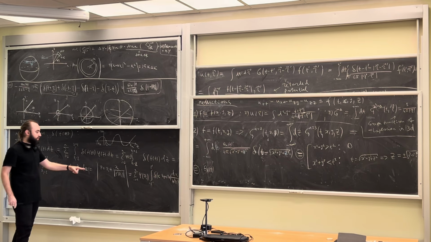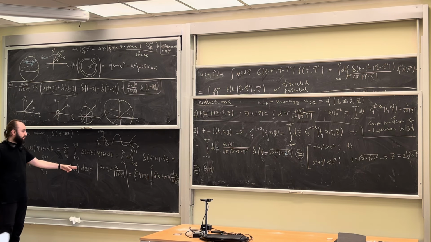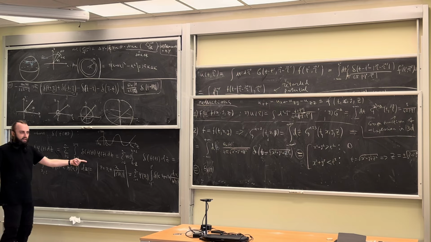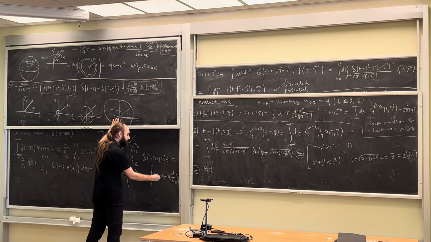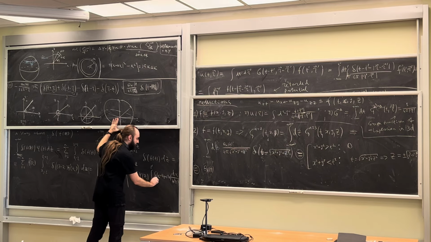All right, so we got this derivative in the denominator. And now delta of x times the sign is the same as delta of x.